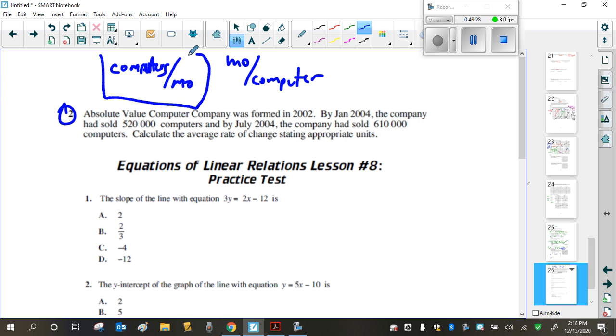This is the unit rate you're going to use: computers per month. Okay, go ahead and do those, and I will be right back with those two answers. And then we're done. Pause, please.